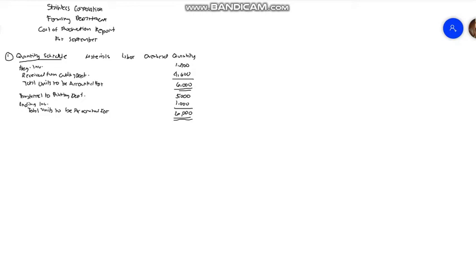Now we compute the equivalent units. Let's first write up the equivalent units for the transferred out items. Sorry for the small handwriting, as I'm trying to fit everything here.